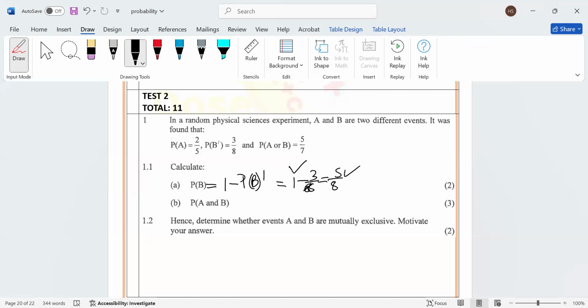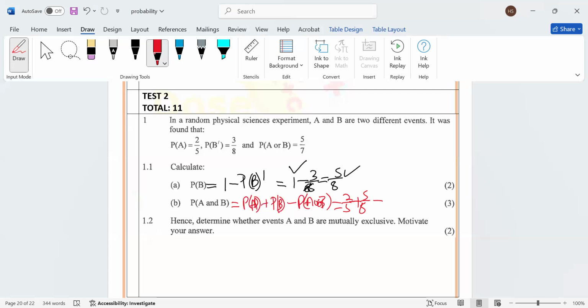You say this is going to be the probability of A plus the probability of B minus the probability of A or B. So it's 2 over 5 plus 5 over 8 minus the probability of A or B. Now we are not using 3 over 8. Yes, we are using 5 over 8.